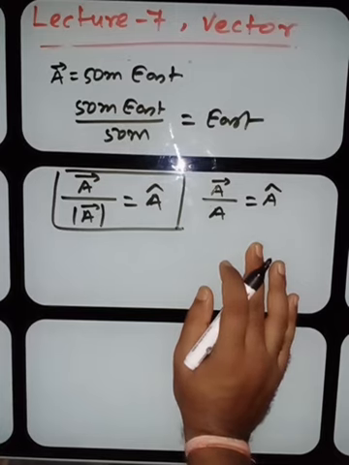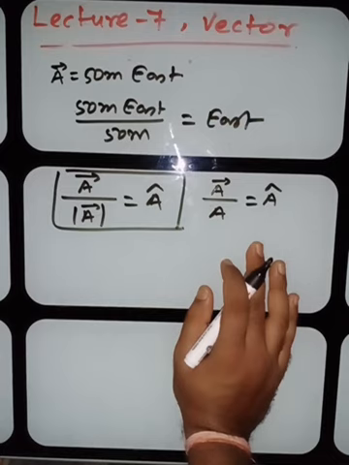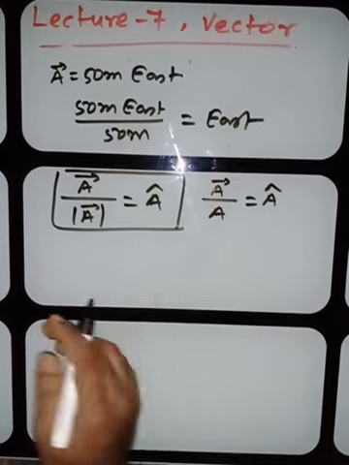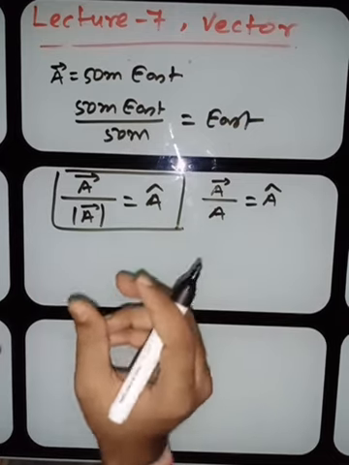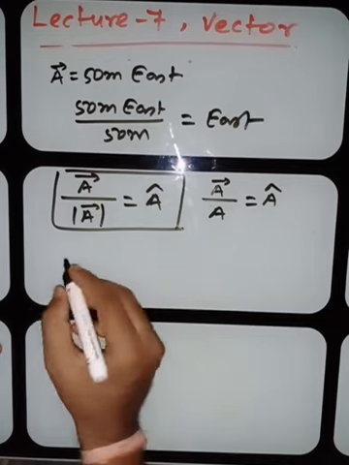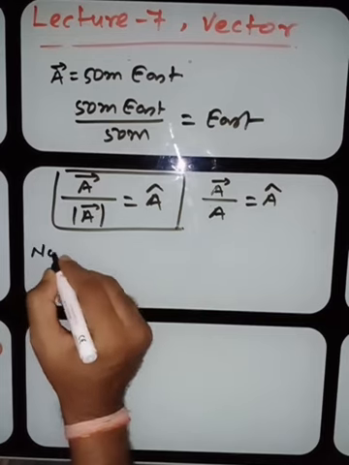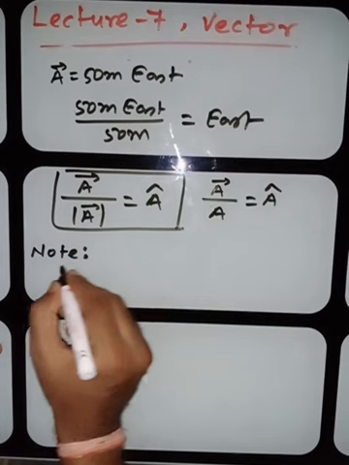This is the very important formula. Now in this unit vector, the next thing you have to remember is the convention note.